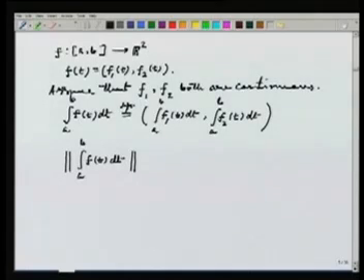At the same time, I can also talk about the integral from a to b of norm f(t) dt, because f(t) is a vector, so this has a norm, and that norm now defines a function.